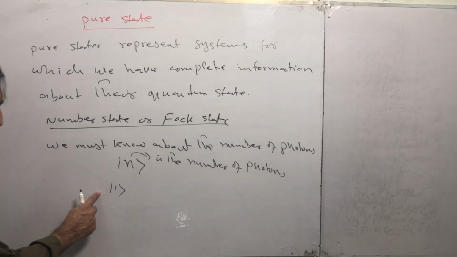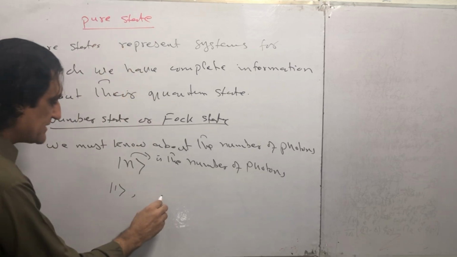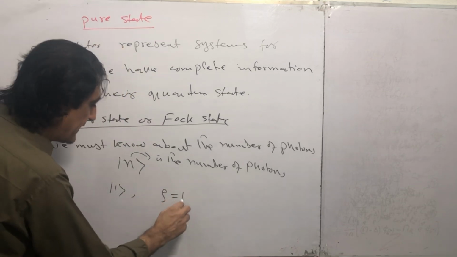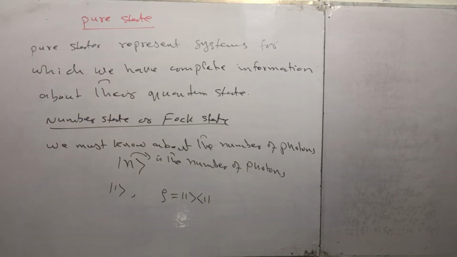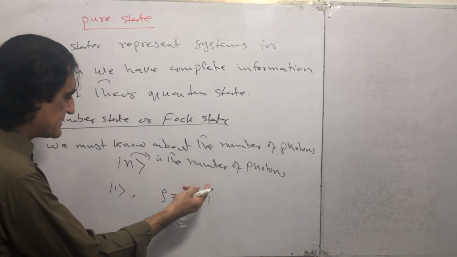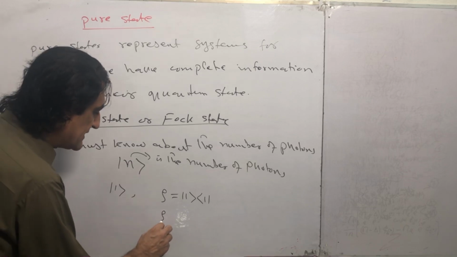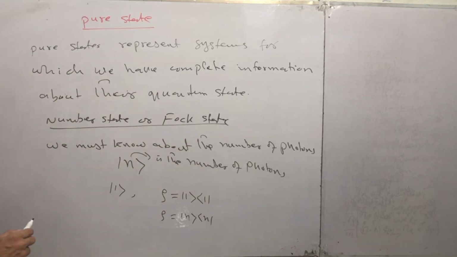And the density matrix for a pure state must be written as rho, which is equal to, for a single photon, |1><1|. But if we have many photons and we know about these photons, then the density matrix must be written like this.